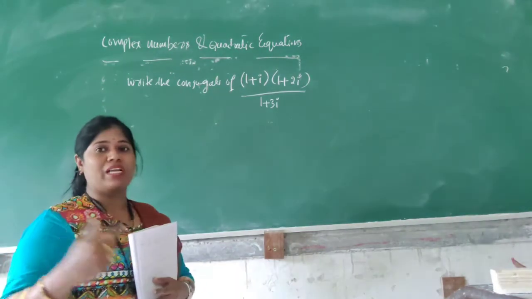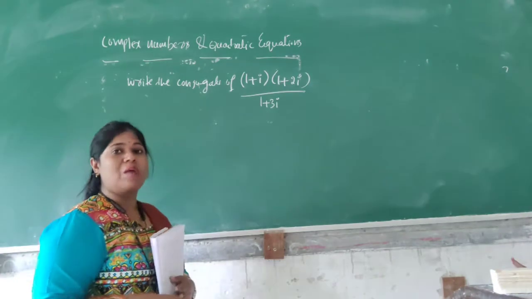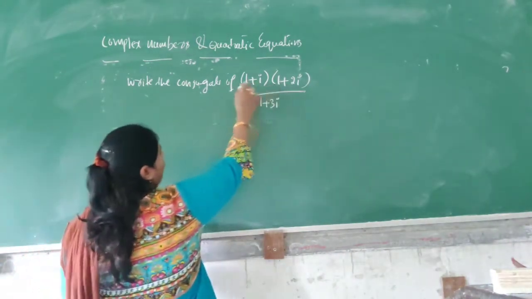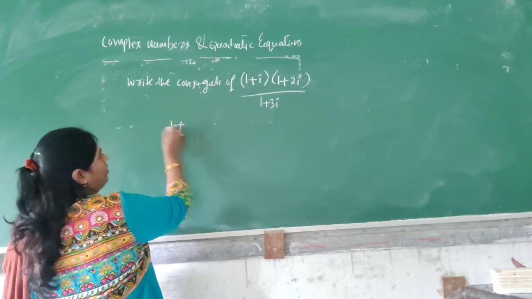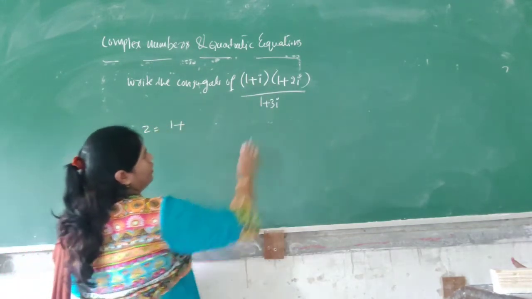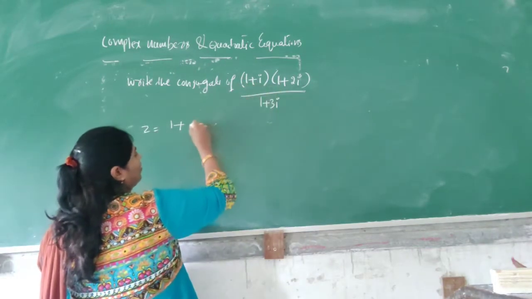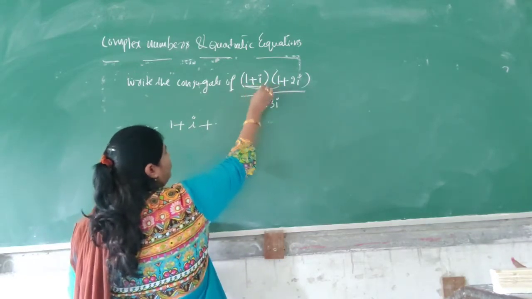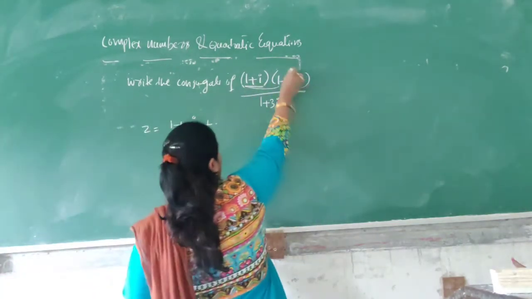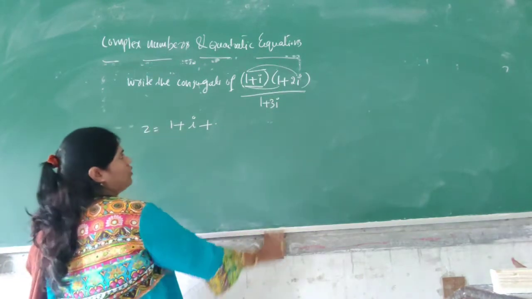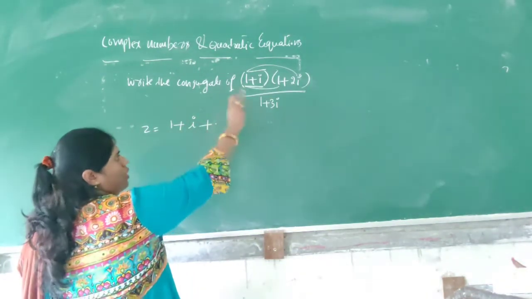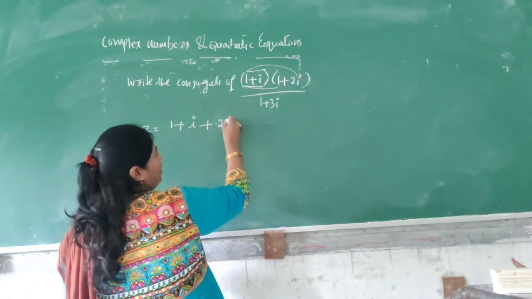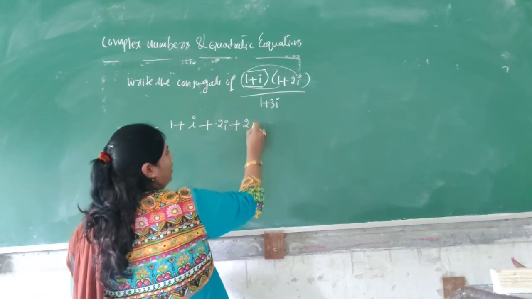We need to multiply the complex numbers first. So we will take this, okay? This one is z. 1 into 1 is 1, plus 1 into i is i, plus we have to multiply from 2i these two, so 1 into 2i is 2i, plus i into 2i is 2i square.